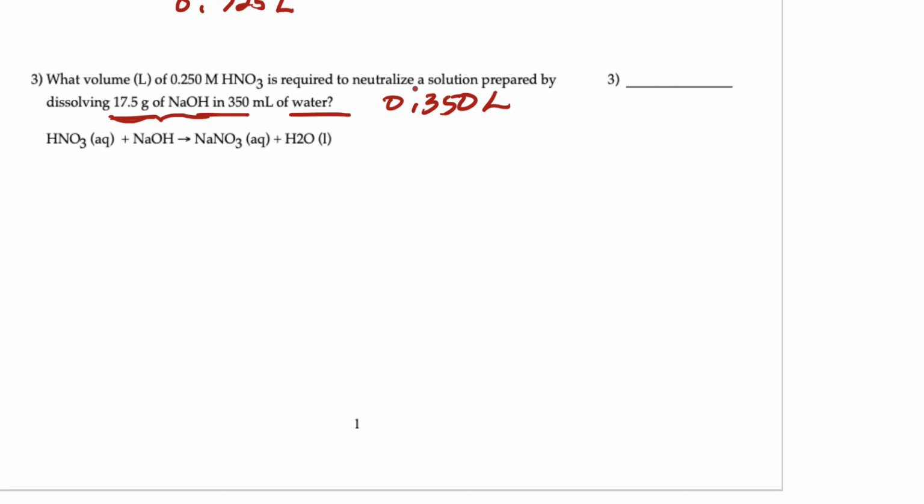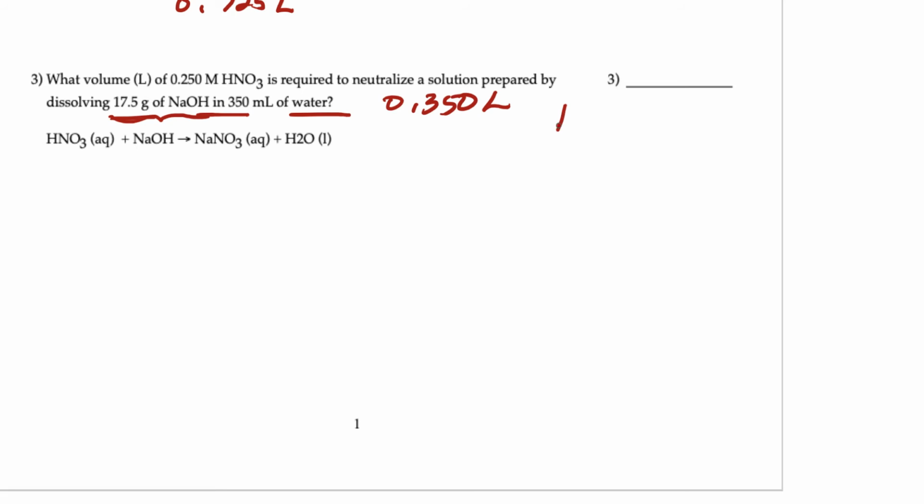The molar mass of sodium hydroxide, we can just calculate that. That's 39.997 grams per mole.